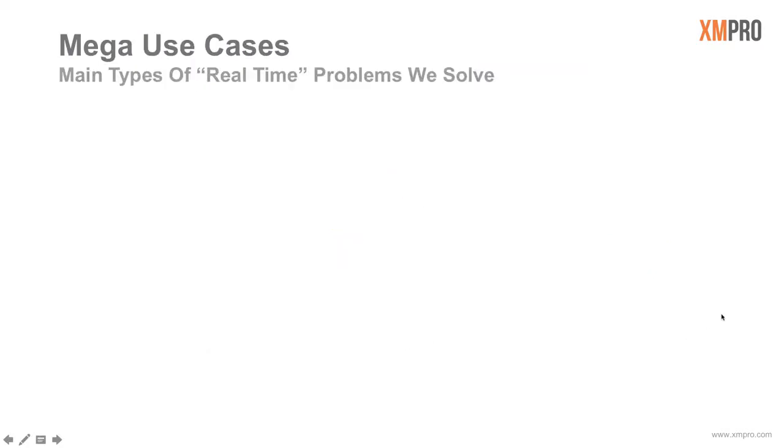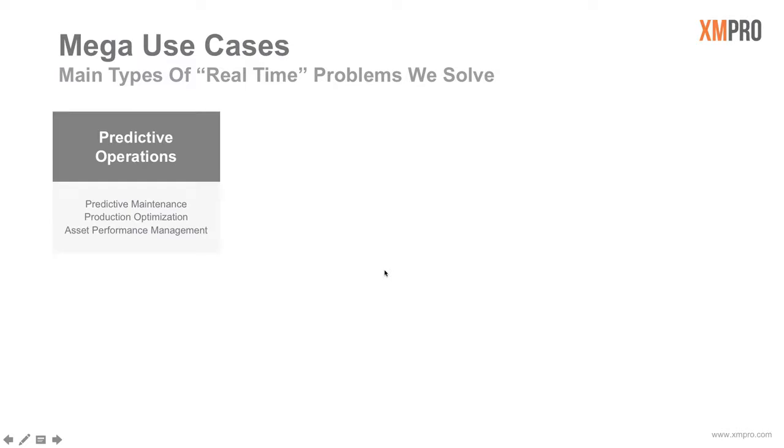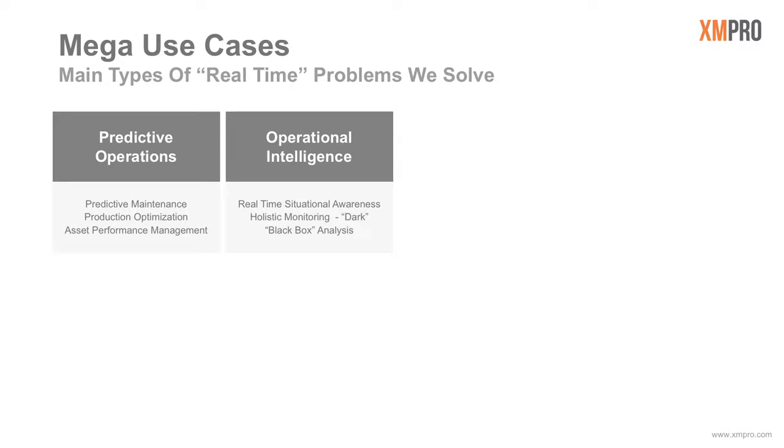When you look at XMPro, we call them mega use cases, or big buckets of problems that we solve. Quite a lot of organizations are currently looking at how they can become smarter at their operations, and things like maintenance are at the forefront, but that's just one typical use case inside predictive operations. Operational intelligence: how do I make sure I'm not blindsided?